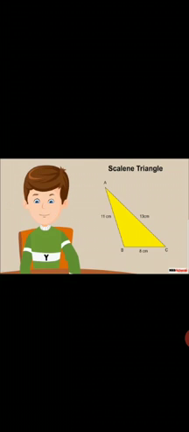Neil further says, "This is neither an equilateral triangle nor an isosceles triangle." Sophie added, "This is a scalene triangle, as all the sides are of different measures." Neil asks, "How can we find the area of a scalene triangle?" They all start thinking. Do you know any method or formula to find the area of a scalene triangle?